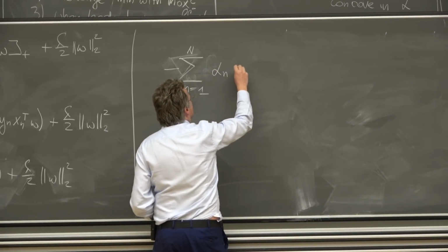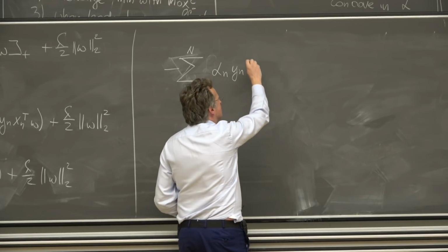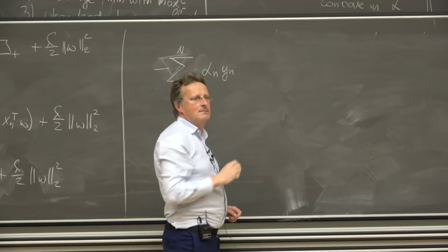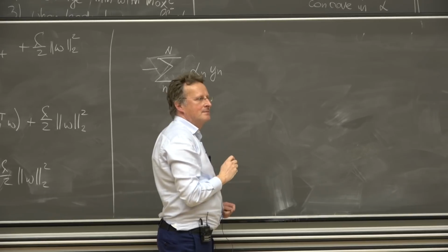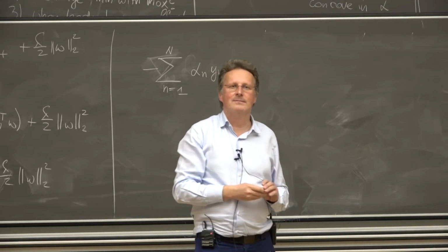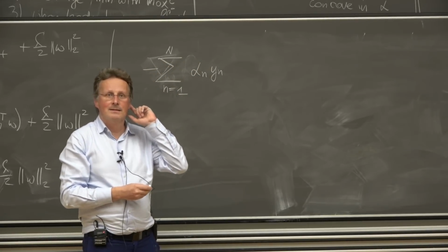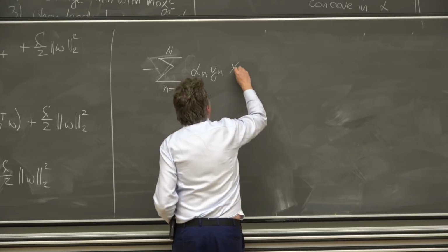We have the alpha n, getting a yn, and then xn.